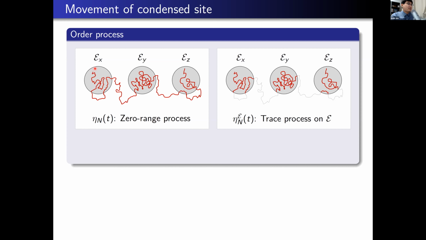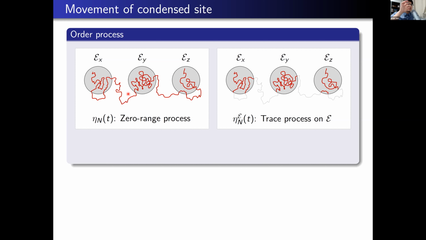The zero range process starts from E_x, which denotes the configuration most of whose particles are concentrated on site x. This is locally stable, as I mentioned before. So you stay here for a long time, but in the end, you make a transition to E_y and stay here for a long time, and make another transition and so forth.